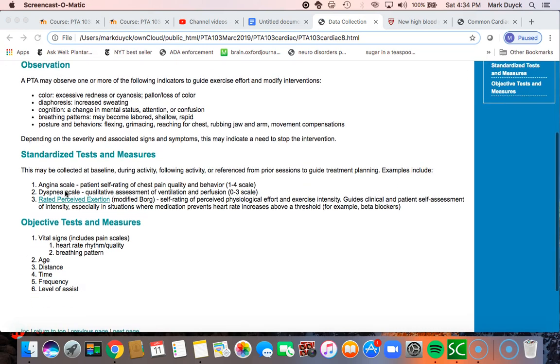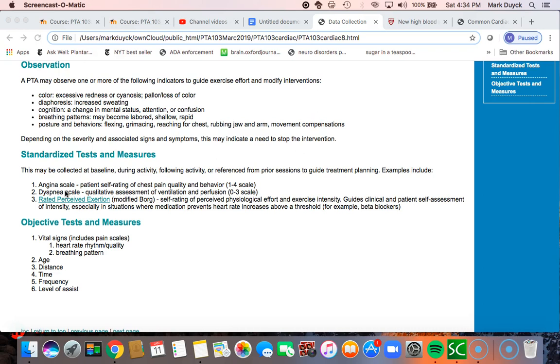There are some standard tests and measures that the book talks about that are important and that you can use to gather data. If your patient is expressing angina, you can use that 1 to 4 scale of self-rating, 4 being the highest, 1 being the lowest, and the dyspnea scale.